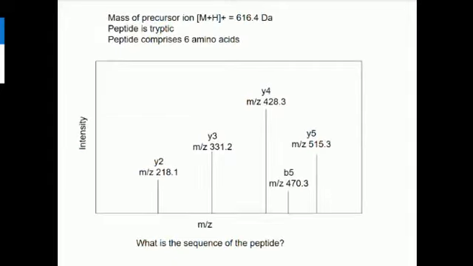We're going to have to go and use this B5 fragment. So this is where the differences in structure will come into play. So the B fragment is the sum of the amino acids plus the charge.